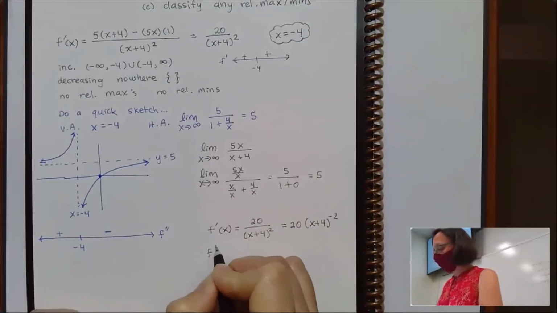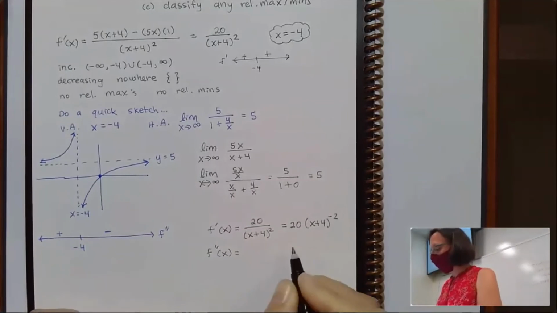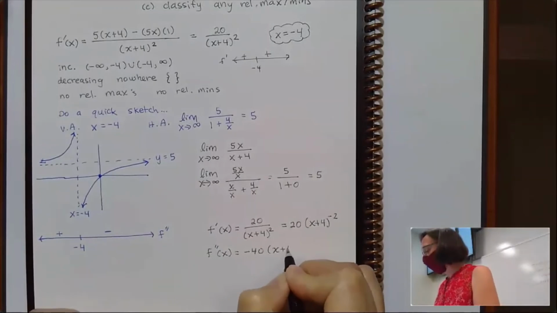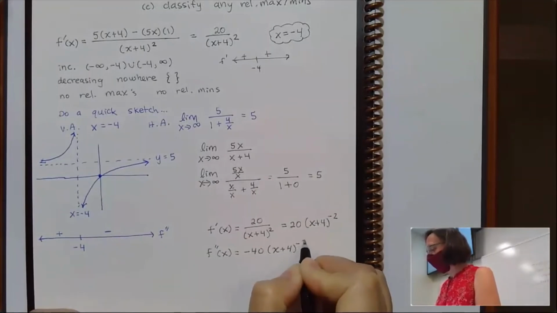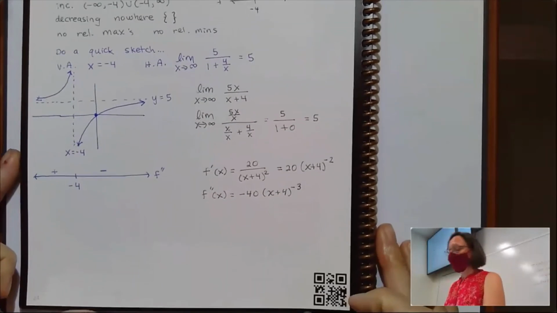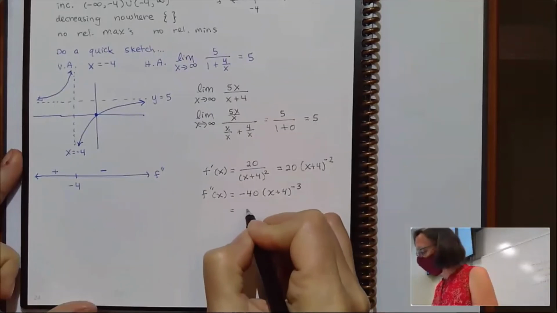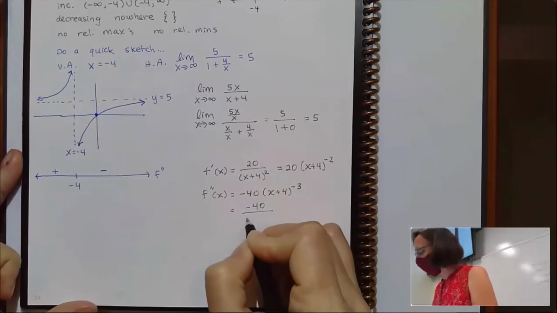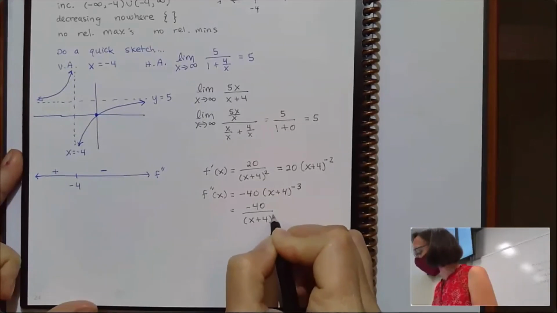So that when I took my second derivative, I'd have -40 times x plus 4 to the -3. And then if you wanted, you could rewrite that to be -40 over x plus 4 cubed.